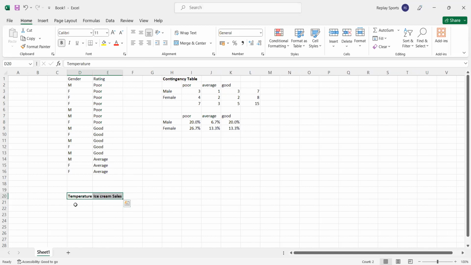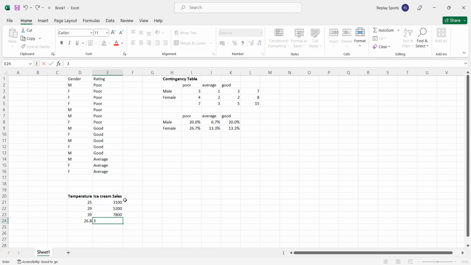If the temperature on that particular day was 25 degrees Celsius, ice cream sold was 3,100. Then temperature became 29 degrees and you sold 5,200. Temperature went to 39 degrees and you sold 7,800. Temperature was 26.8 degrees and ice cream sold was 3,800. Let me put in the temperatures.